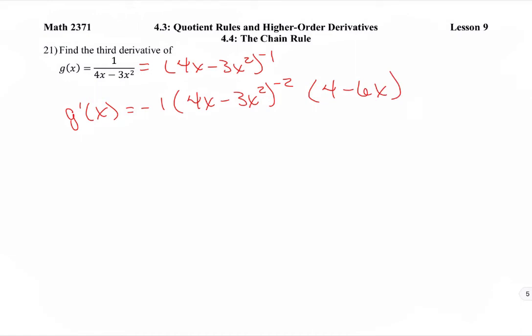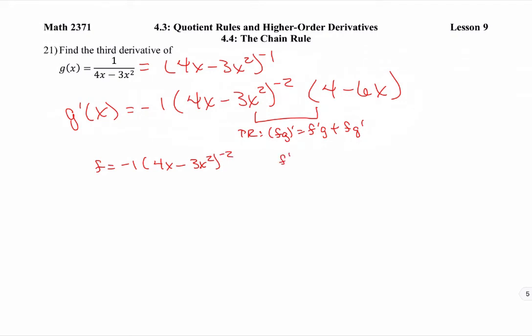Now, here's the deal. I'm not going to simplify this. I'm going to leave it just like that. Okay? So when I take its derivative now, I'm going to use the product rule. All right? So that's (fg)' equals f prime g plus f g prime, where f equals minus 1 times (4x minus 3x squared) to the negative 2.